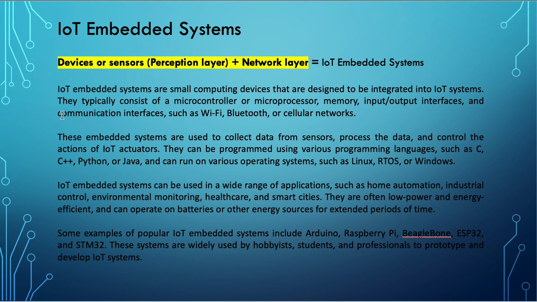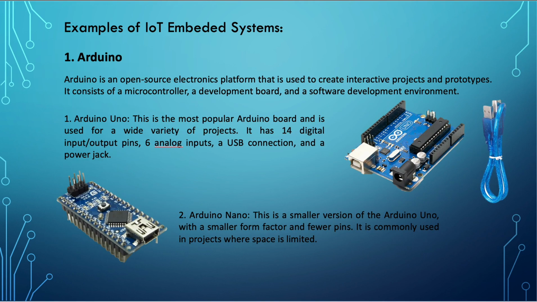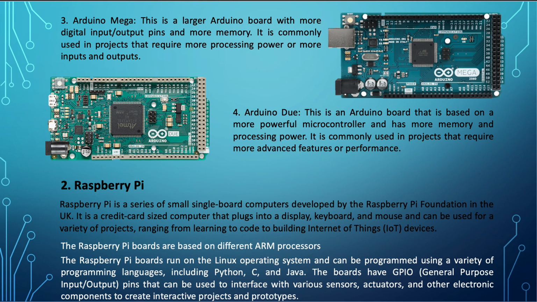Then we will talk about IoT embedded systems, basically your processing units, which also come with their own network connectivity features. I think we have to spend a little more time understanding these embedded systems, and how to connect sensors and actuators to them to build an embedded IoT device.